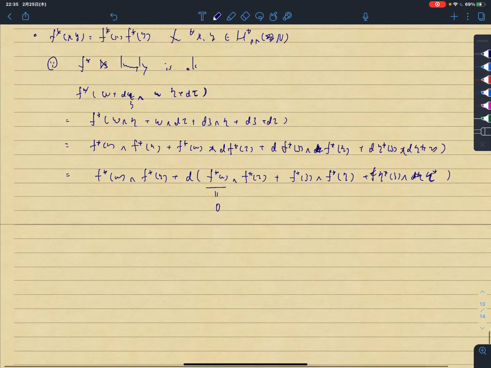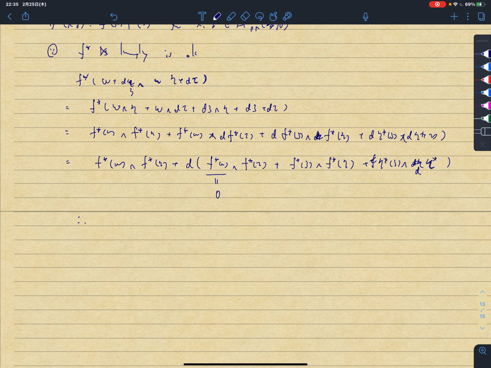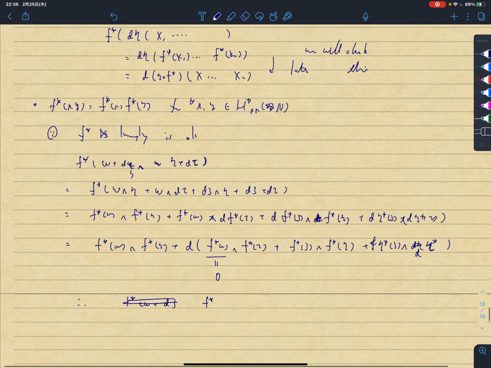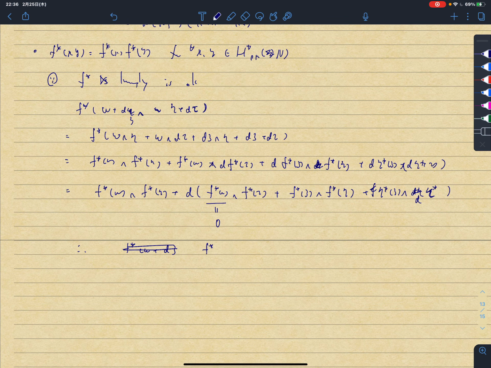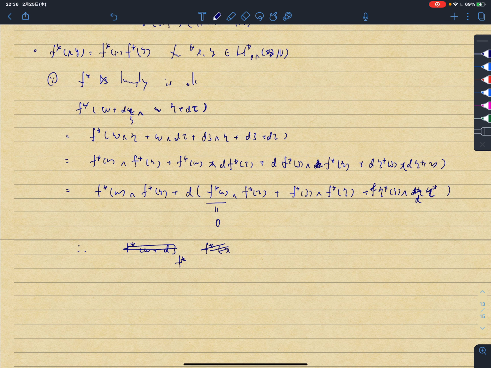So if the omega t equals f star omega f star y.